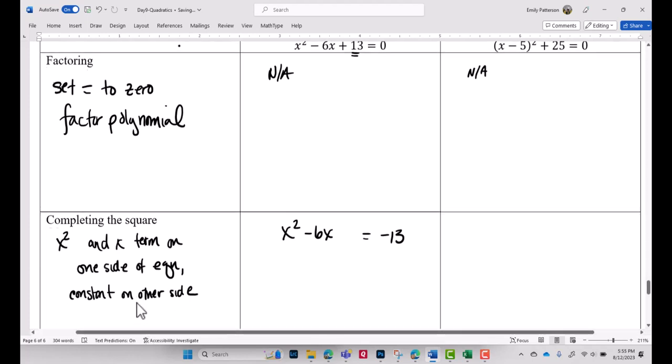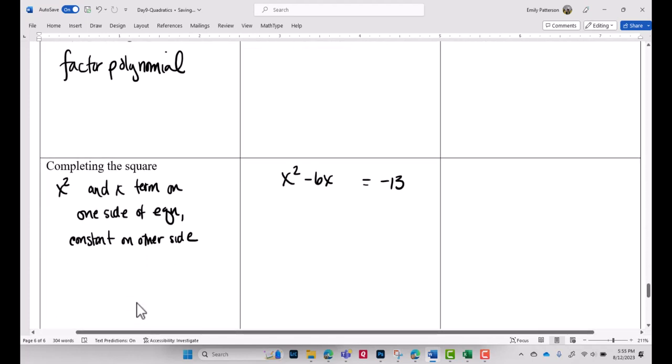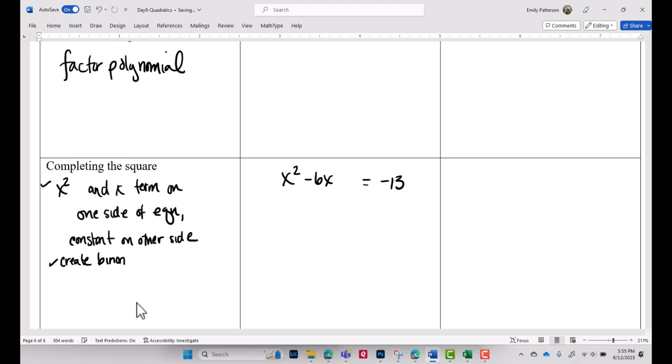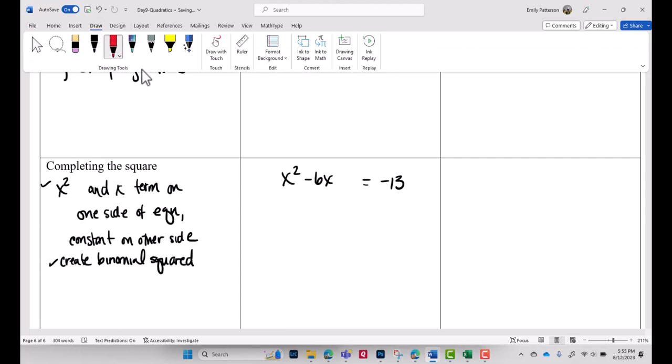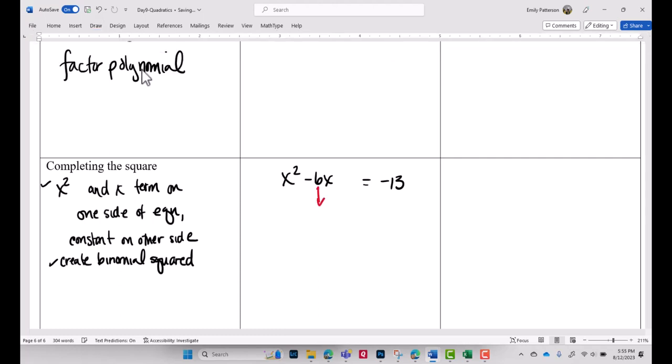Then what we have to do is complete the square. We have to create a binomial squared. And to do that, we take half of that center term coefficient, and then we square it.